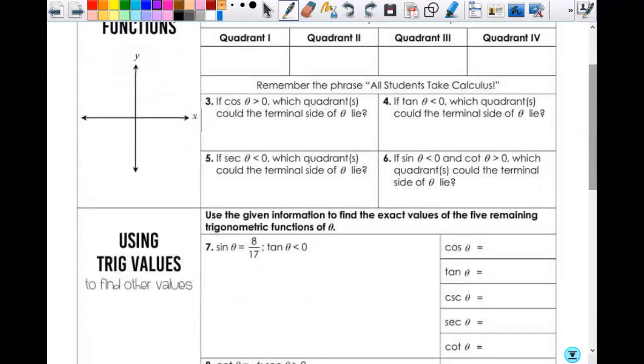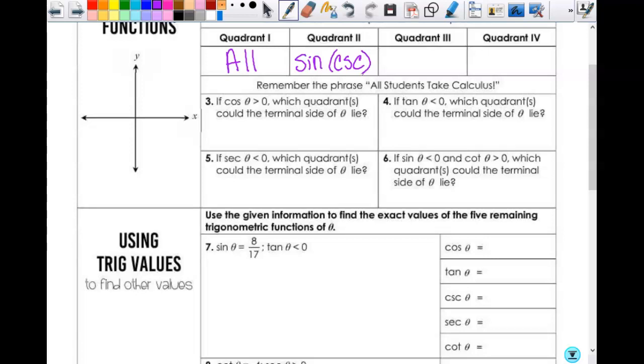Okay, so I want to know, when are these positive? In quadrant 1, what's positive? All of them. In quadrant 2, what's positive? Sine. Sine and what? Yeah, cosecant. For the reciprocals, I always take it back to sine, cosine, and tangent. If secant, cosecant, or cotangent come up, I say, well, cosecant goes with sine.